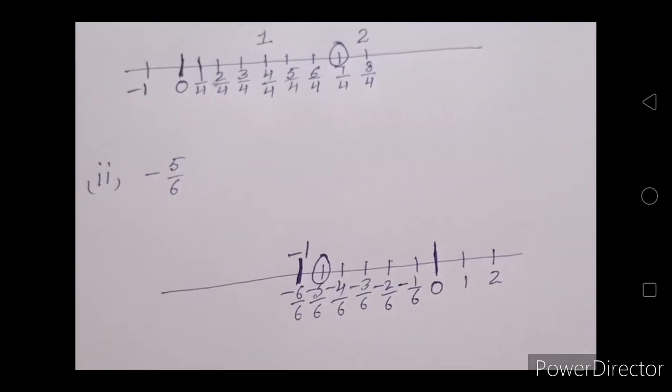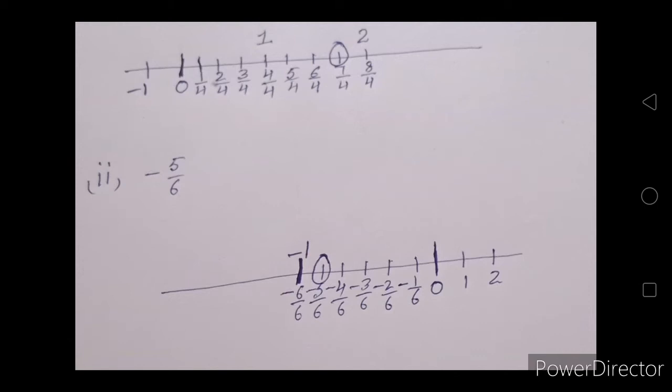The next is minus 5 by 6. Similarly here 6 is the denominator, then we will divide each integer into 6 parts, starting from 0. Because it is negative, we will go to the left side: minus 1 by 6, minus 2 by 6, minus 3 by 6, minus 4 by 6, minus 5 by 6 and minus 6 by 6.